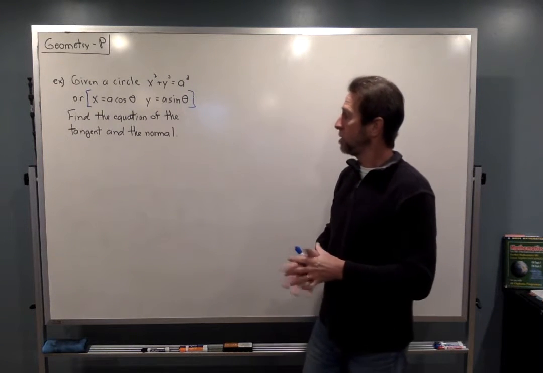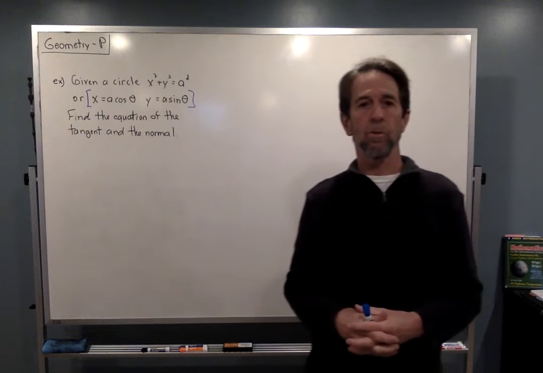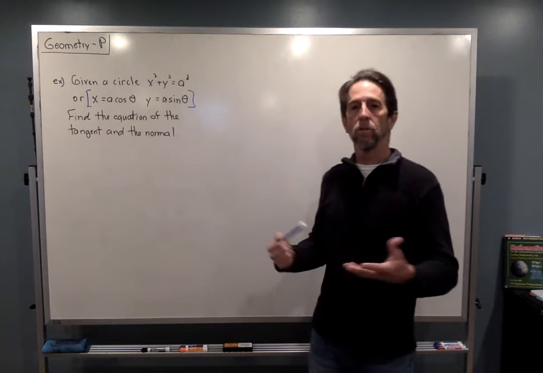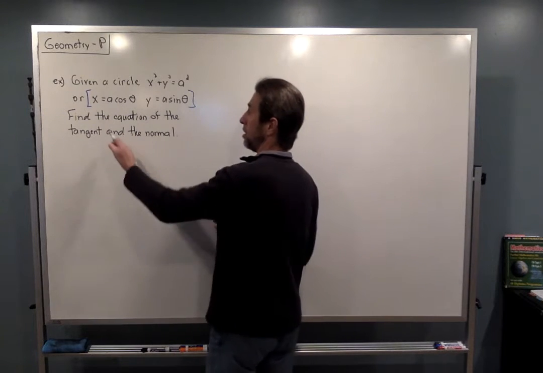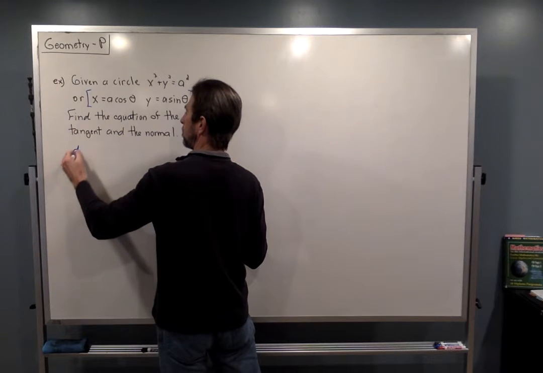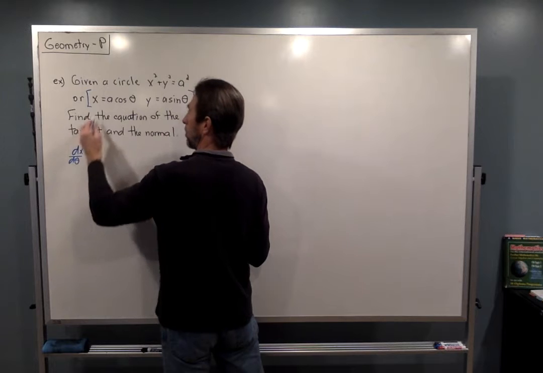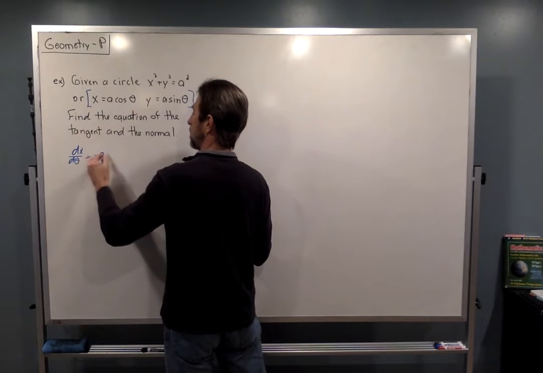When we see tangents and normals, we tend to think of calculus because we know that their slopes have something to do with the derivative. So let's find the derivative, or the dy dx. In order to do that, from parametrics, we first find dx d theta, and that of course is going to be negative a sine theta.